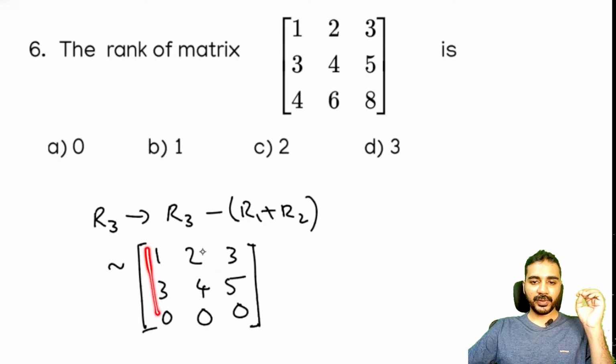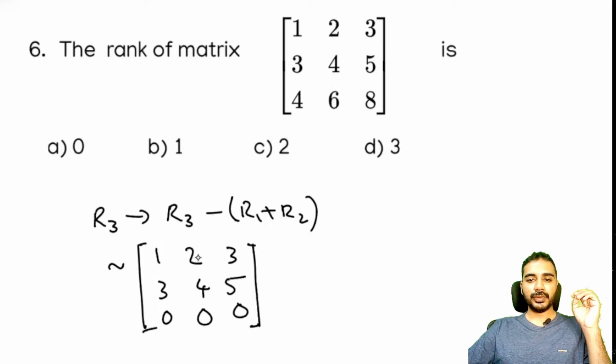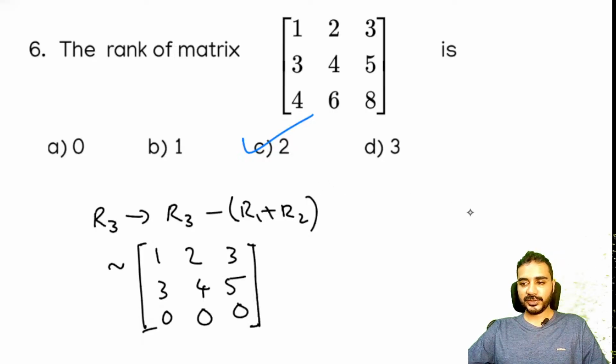Here if I consider this one, 1 into 4 minus 2 into 3, that is 4 minus 6, is minus 2. So for order 2, we are getting a non-zero determinant value. So the rank of the matrix for this problem is option C, 2. The minor of order 2 is giving a non-zero determinant value, so the answer to this question is nothing but 2.